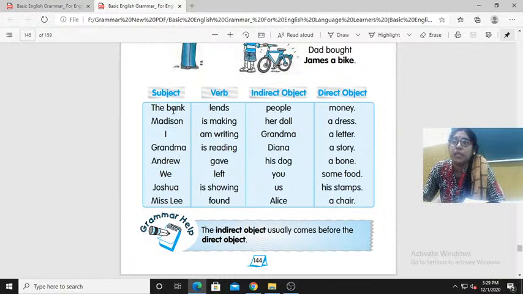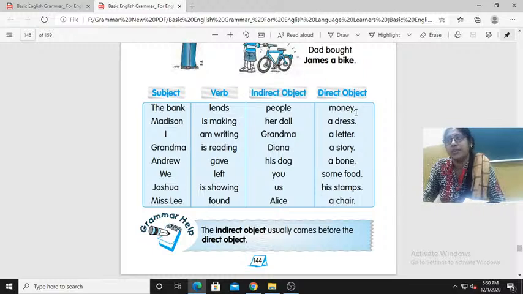So the bank, of course a noun, is the subject, lends is the verb. Lends what? Money. So money will be the direct object. And to whom or for whom? People. Clear? Next one, Madison, a noun, of course the subject, then the verb is making.